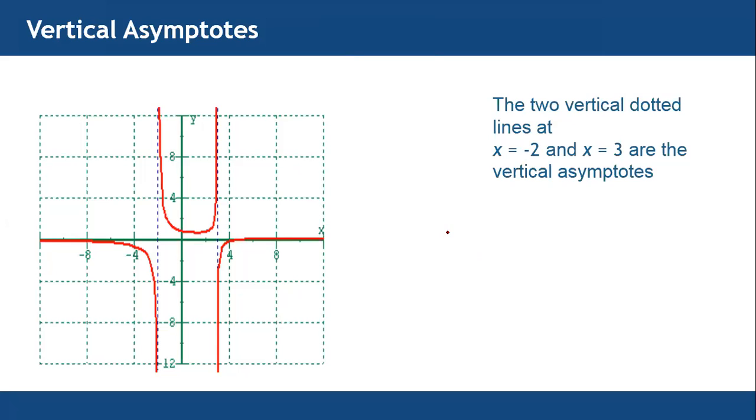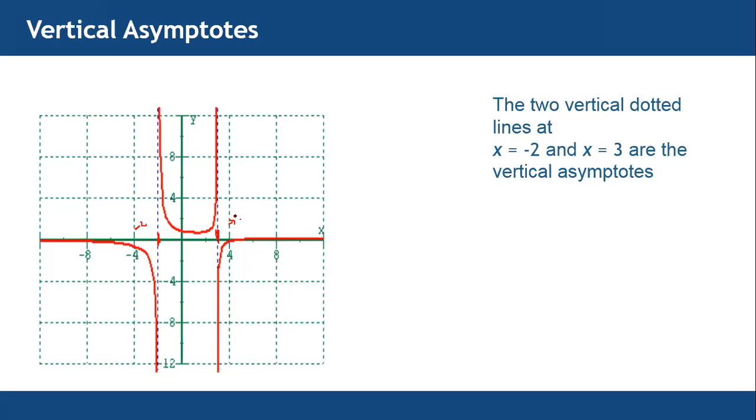You can see here we have two lines, x is equal to 3 and x is equal to minus 2. These are called vertical asymptotes. The graph moves very close toward minus 2 and plus 3, but it will never touch them, because at these two points the function is undefined.